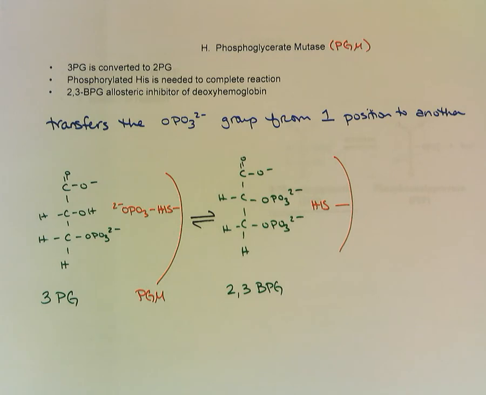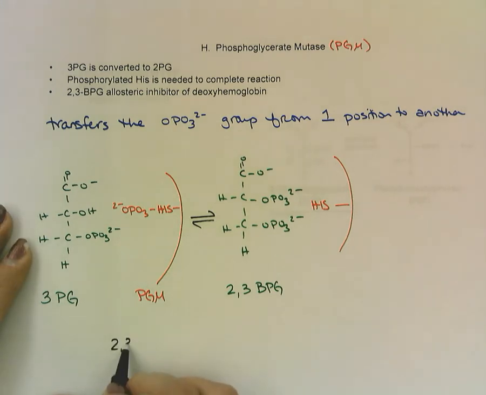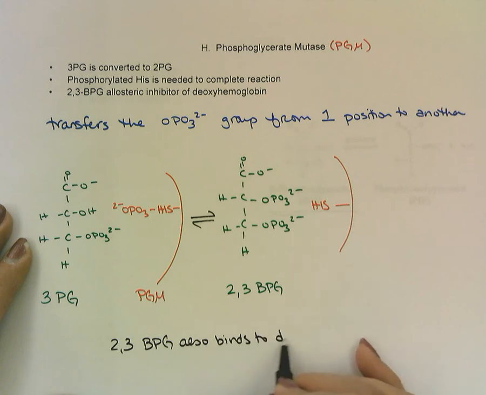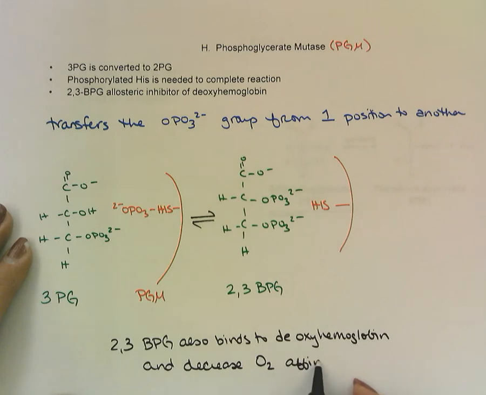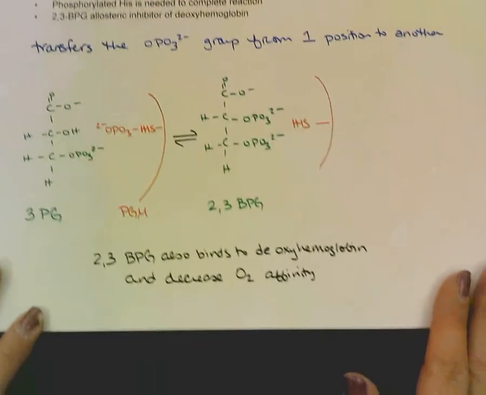Yes, this is how the inhibitor for hemoglobin gets made. So at this point, 2,3-BPG can float away.